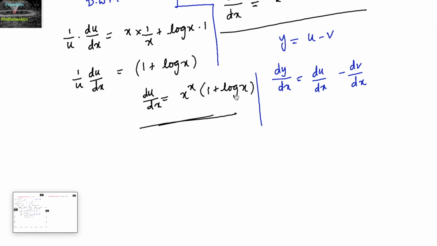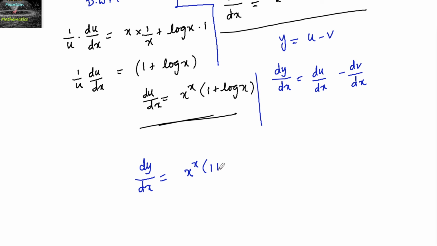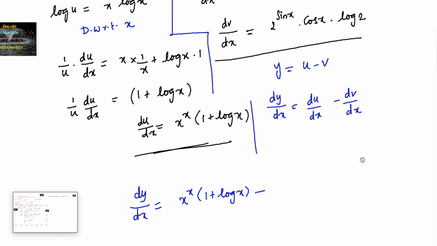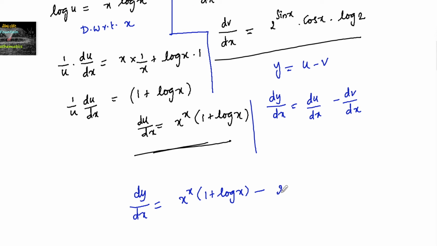So we can give the answer. du by dx is x to the power of x times (1 plus log x), minus, and dv by dx is 2 to the power of sin x into cos x into log 2.